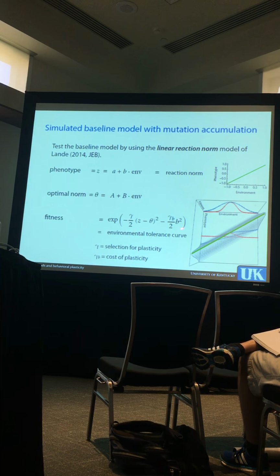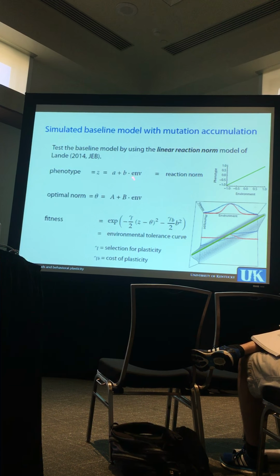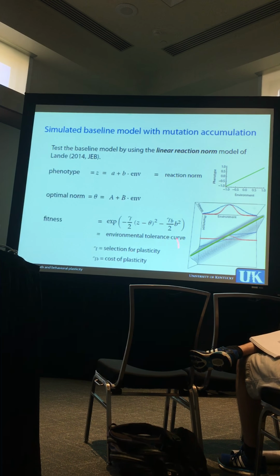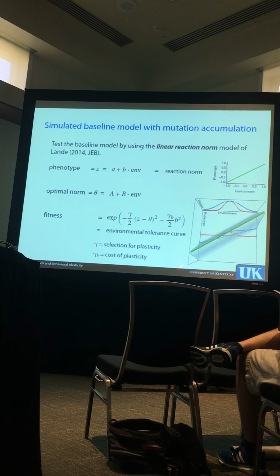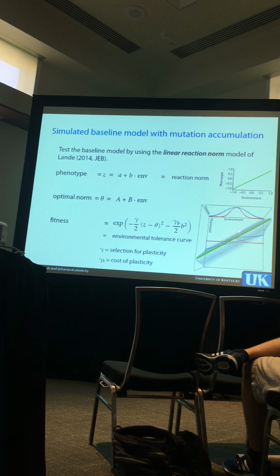As well, we allow for some cost to plasticity, a cost to this slope, this responsiveness to the environment. This fitness function generates this environmental tolerance curve here, and this is again the same plot of different linear reaction norms.